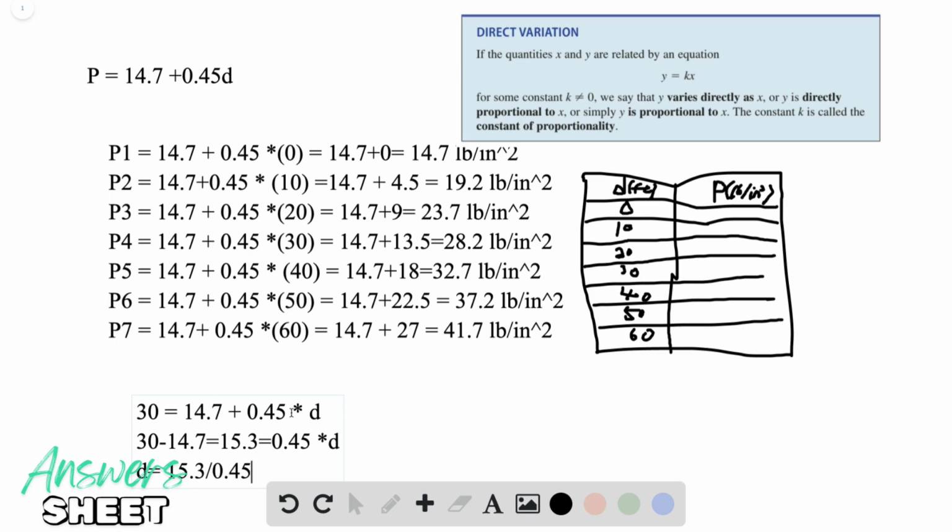And if you actually plug that into your calculator, you will get 34. And the unit will be what? Feet. All right. Thank you.